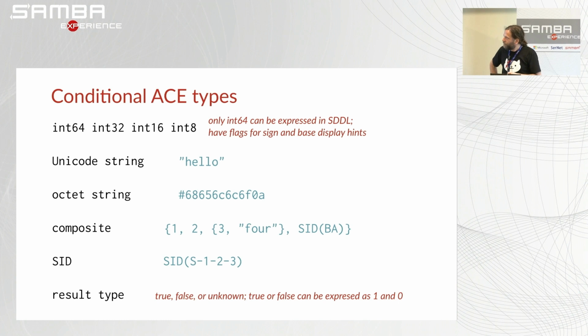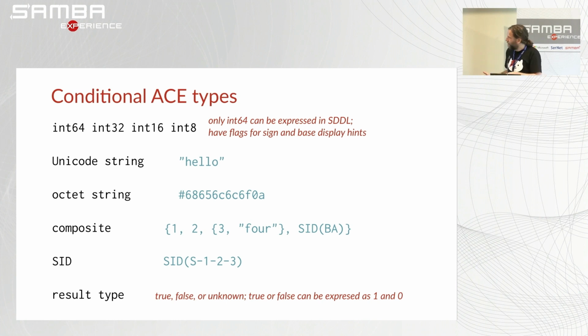I think the people who were writing conditional ACEs weren't talking to the people who were doing the claims stuff, because the types are all a bit different. The Unicode strings are UTF-16, of course, and then there are just random bytes. And then there's a composite list. It can have nested things, and it can have anything in it.